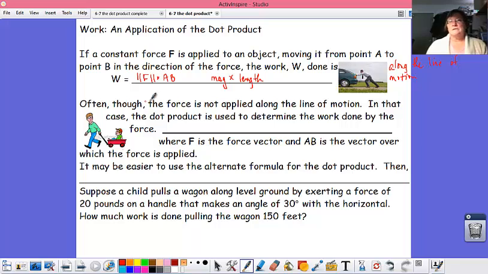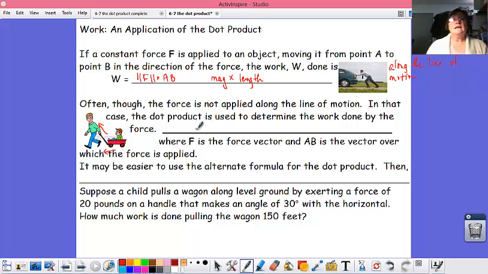A lot of times, though, that's not what happens. This man who's pulling the wagon, for instance, the force that he's applying to the handle of this wagon, he's pulling upward, right? It's on an angle. The wagon, however, is moving on the horizontal, so the force is not being applied along the line of motion. In this case, and I'm going to just draw arrows here, he's pulling up while the wagon's going forward.